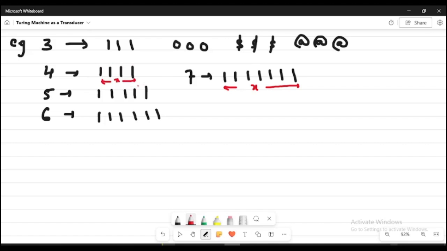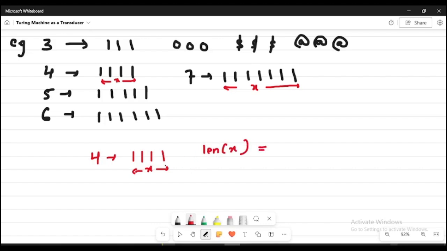Now if we have the number 4, it will be represented as 4 ones, right? If I consider this string of four 1s as x, then the length of x, that means this particular string itself, becomes a number.